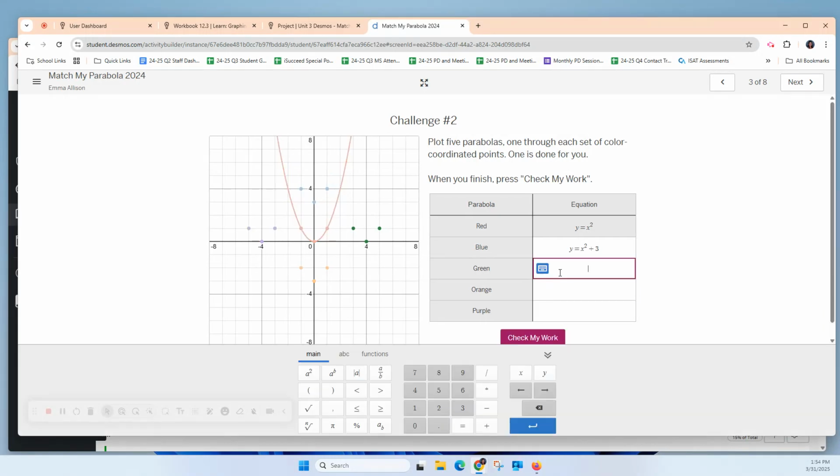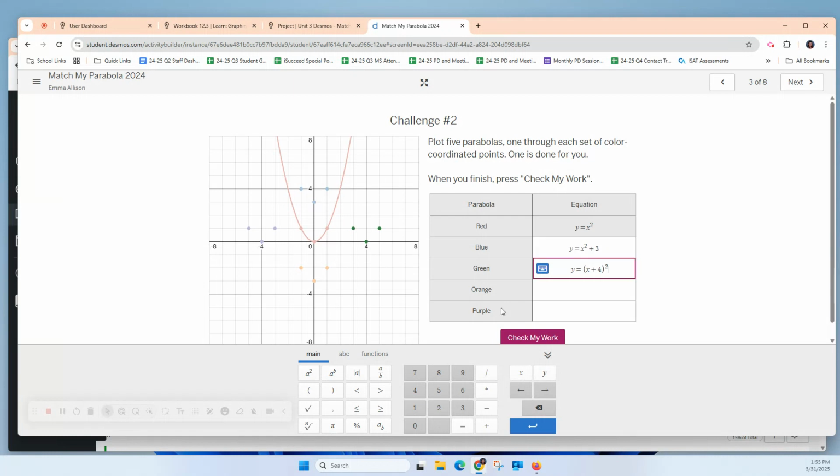So we're going to do y equals, in parentheses, x plus, and I'm trying to go over to negative 4, so I'm going to do x plus 4, and then my little a squared button. And then my k here is 0 because my y value is 0.